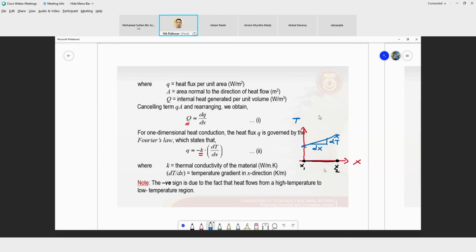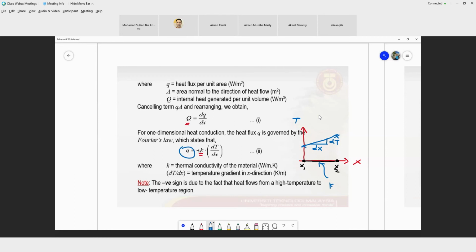Because we know the material of the bar we use, let's say we use a certain material from the aluminum family, so we know the K. If we multiply this constant value, which is the thermal conductivity of the material, by the gradient of the temperature, then it will give us the heat flux Q.